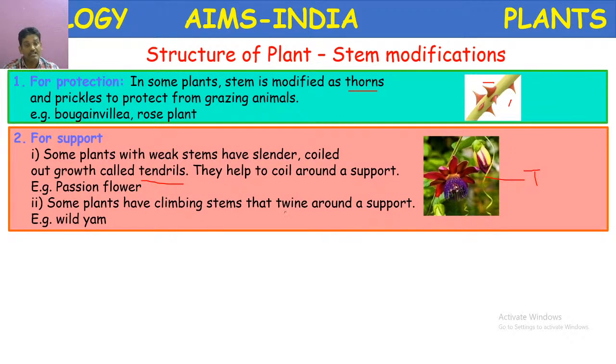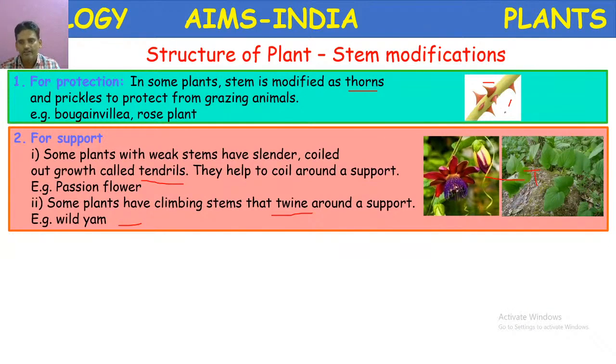They are called twiners. Example, wild yam, or the best example, peas. The pea plant can twine and climb the support. So tendrils are one example of modification for support. Here see beans.